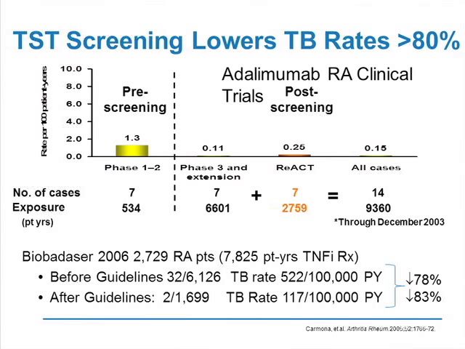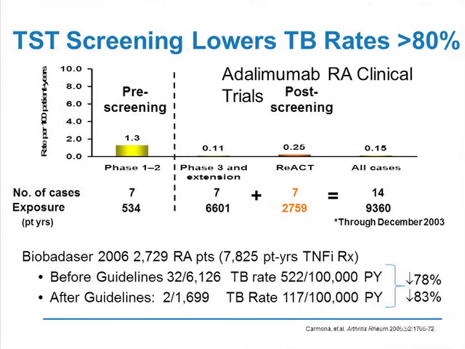On the top half of this picture in white, you see a graph of the adalimumab drug development experience. On the far left is the frequency of developing TB in an era when they did not require TB testing when you were receiving the TNF inhibitor adalimumab. You can see there's a fairly low but sizable incidence of 1.3 per 100 patient years of drug exposure.